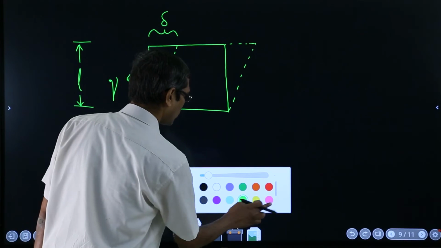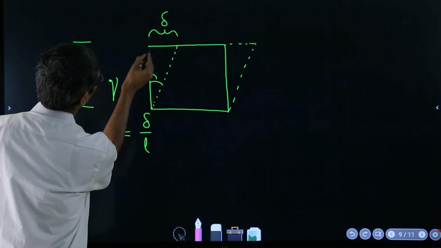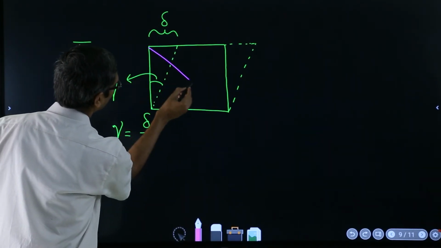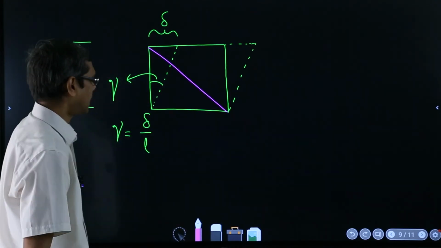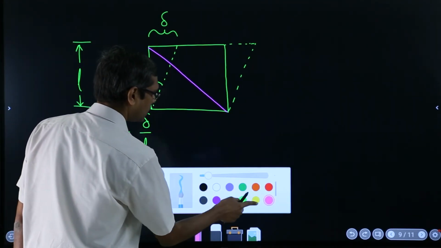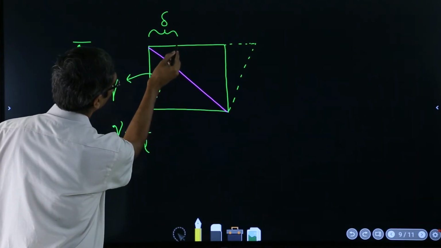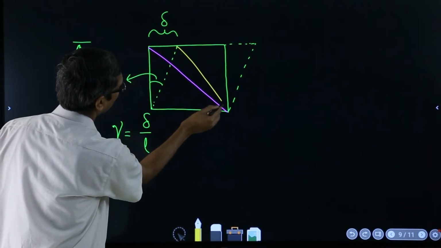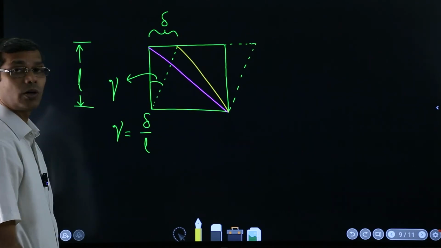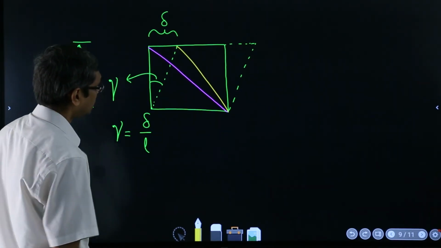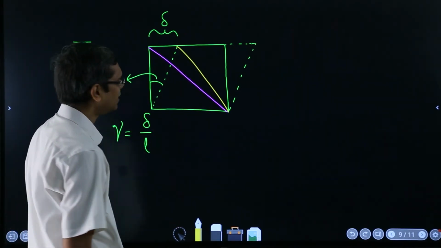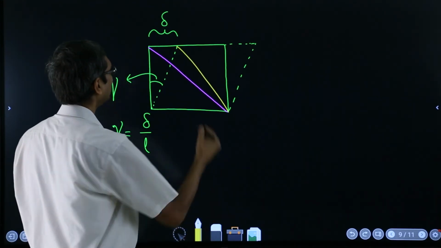okay, let me draw. So this was my diagonal, right? And now the changed diagonal is this one. Okay. Now what is the change in diagonal?